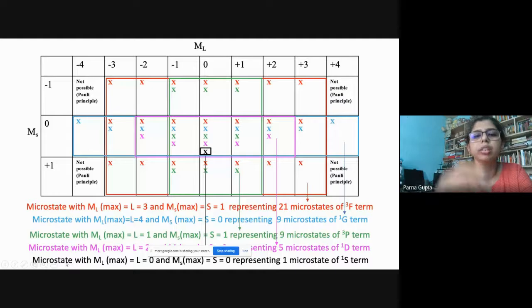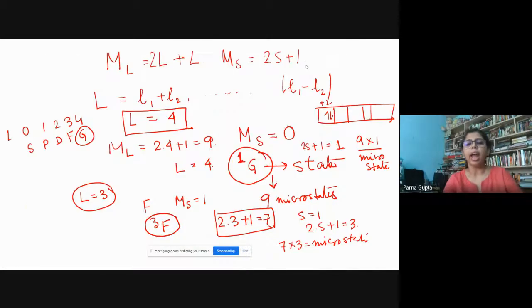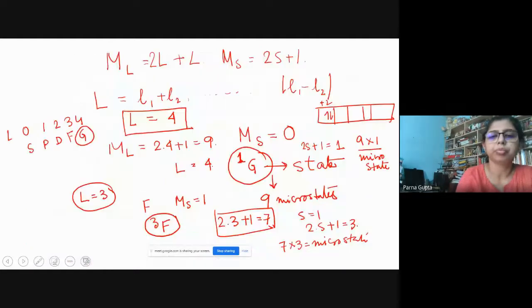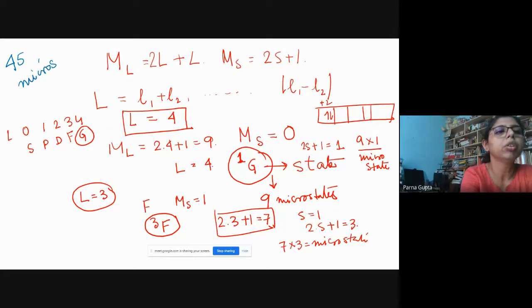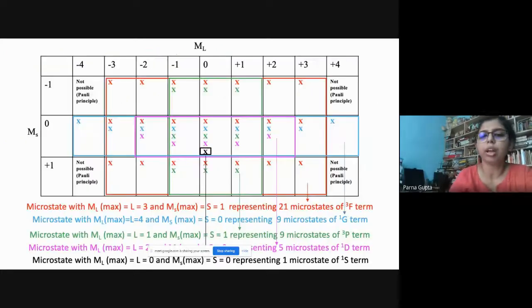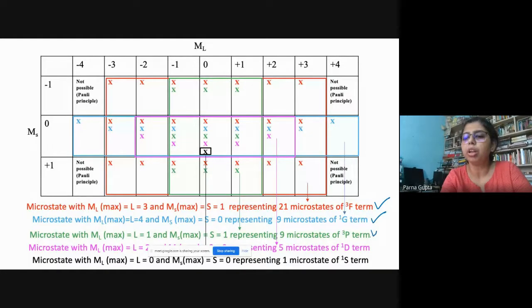The red one is the 21 microstates that span between -3 to +3, or you can say +3 to -3. And in that way, you will have a total of 45 microstates, and you can have the 3F term, 1G term, 3P term, 1D term, and 1S term.